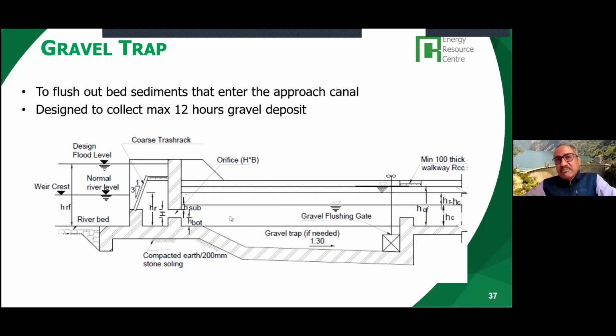So the sediment particles will deposit on the bottom section, and this is flushed out once in a while when the bottom of the gravel trap is full. Then we open the gates. This is the gate here, and it is flushed back to the river.